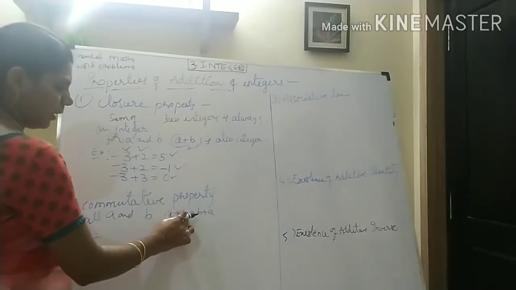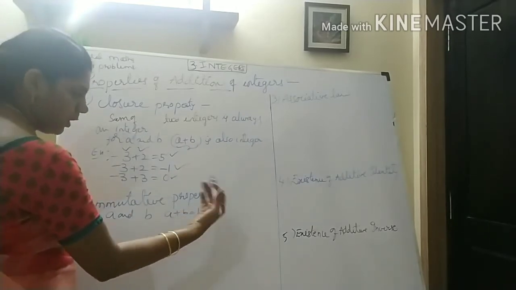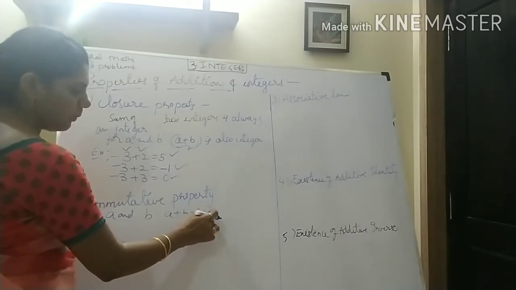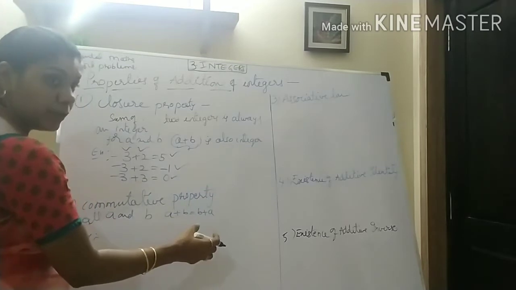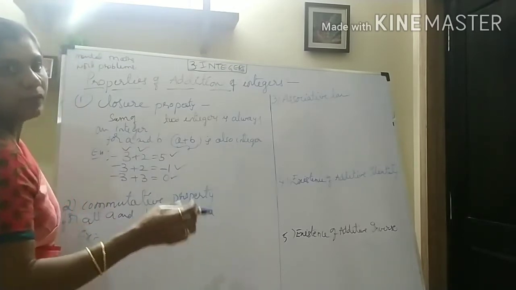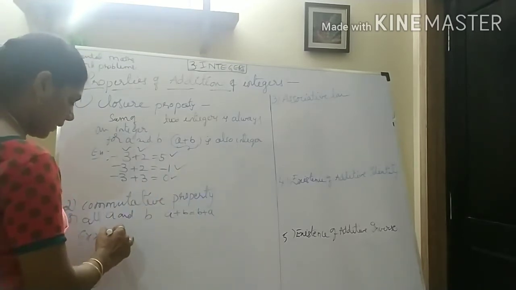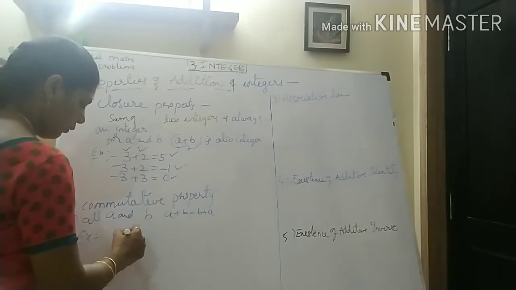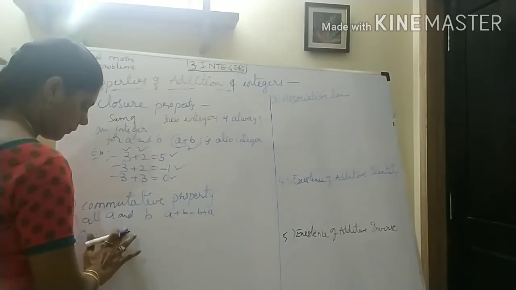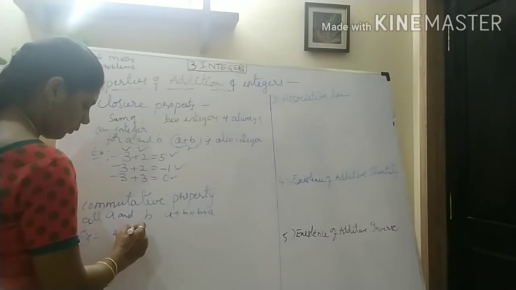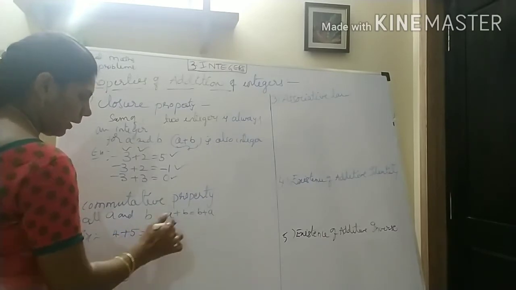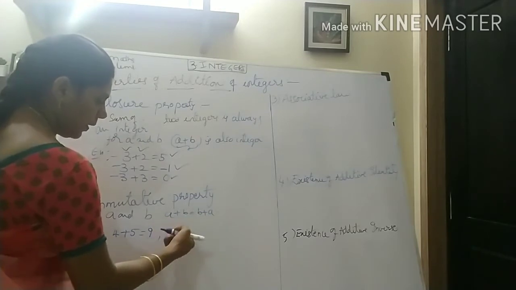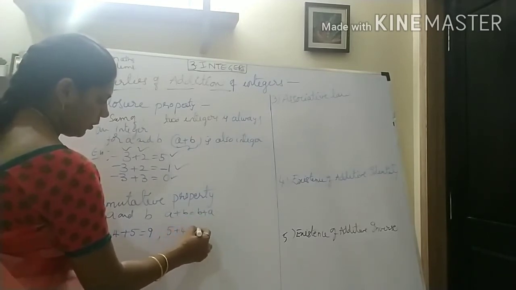If you add them directly, or otherwise change their places and again do the sum, that time also you will get the same result. Now see, 4 plus 5. How much here? 9. Again, I am writing B plus A: 5 plus 4. Again you get 9.